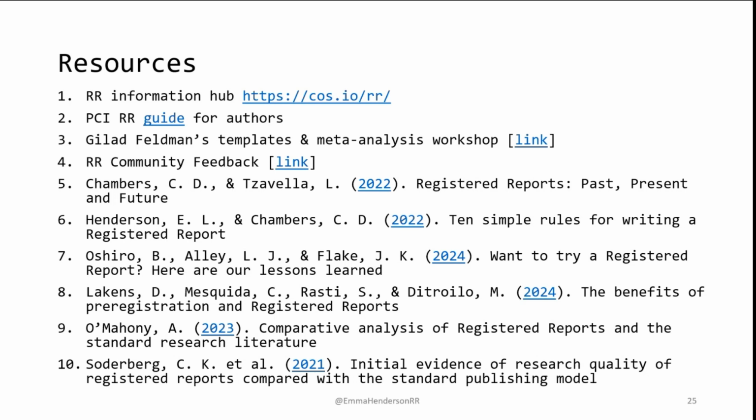So when you get that in principle acceptance, PCIRR will say your article can at the end be published in this list of journals, and you as an author have a choice of where to publish it. So we're kind of turning it on its head.